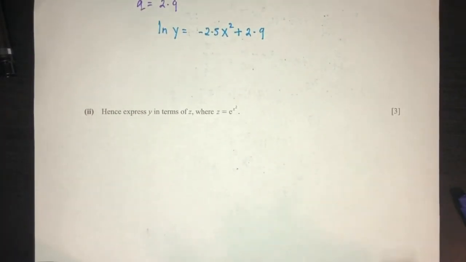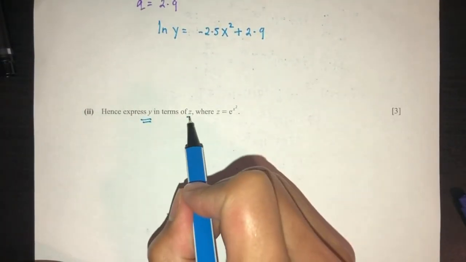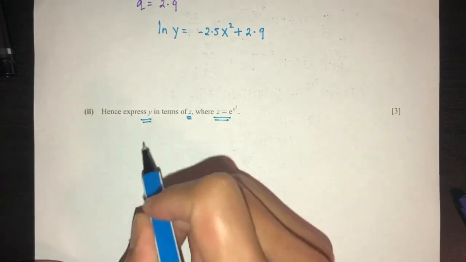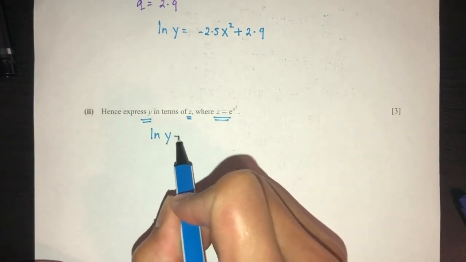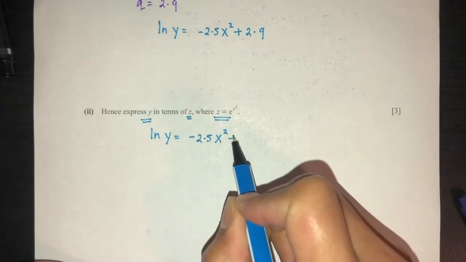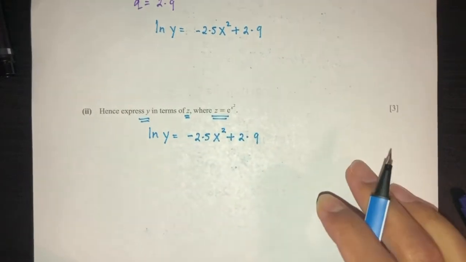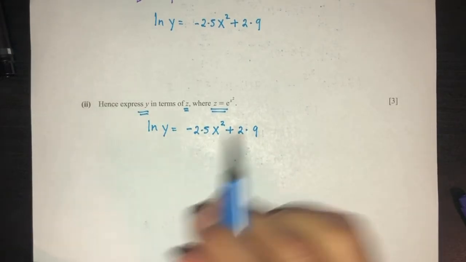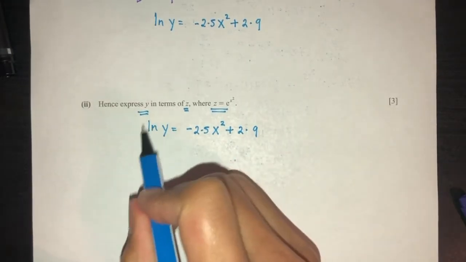Now for part 2, hence express y in terms of z, where z is equal to this. So right now we have ln y is equal to minus 2.5 x squared plus 2.9. Next step, if you want to find y, we have to send ln over here.